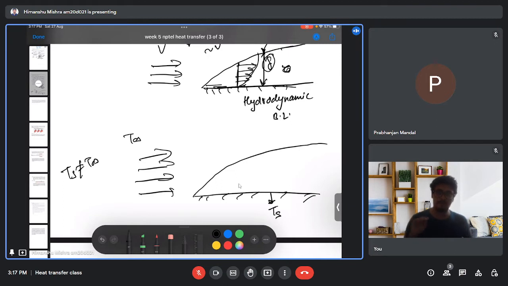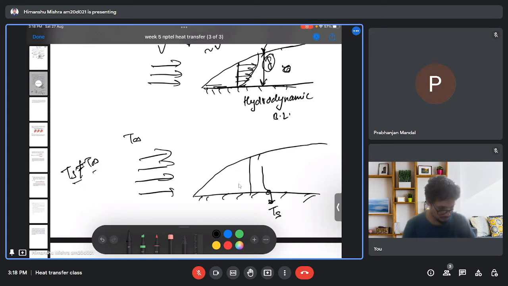When the flow passes over this flat surface, there will be a temperature boundary layer because both temperatures are different from each other. At the wall, the temperature of the fluid just near the wall is equal to the temperature of the wall. But as we move away from the wall, the temperature starts decreasing, and far away from the wall, it attains the temperature of the fluid.